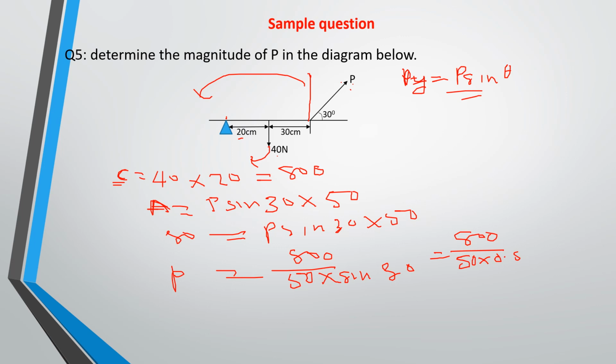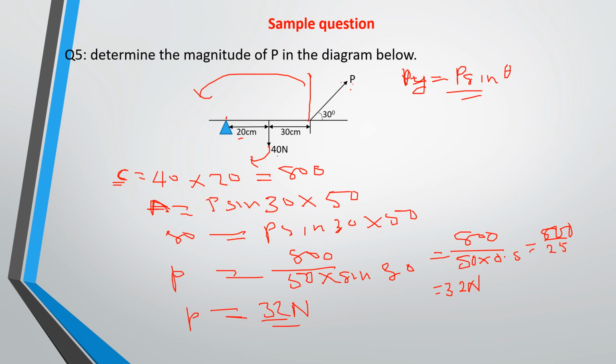So that is 800. When you work this out, it will be 800 divided by 25. If you divide that out, you have that P is equal to 32 Newton. So P is equal to 32 Newton.